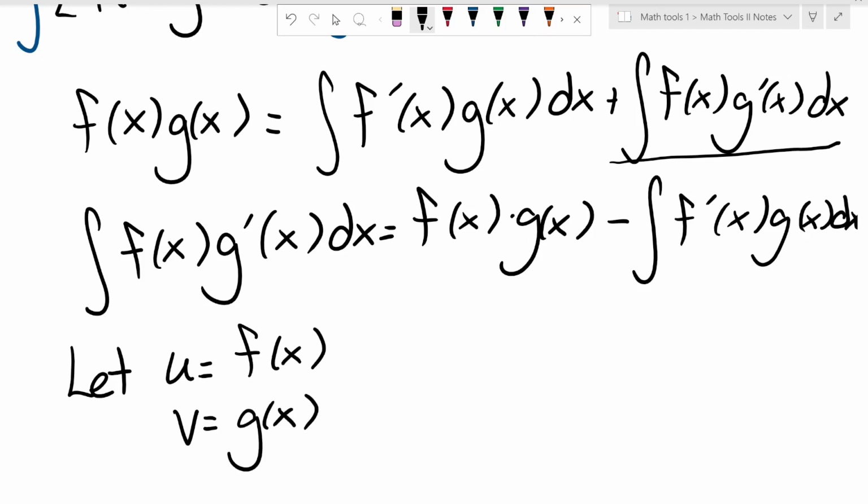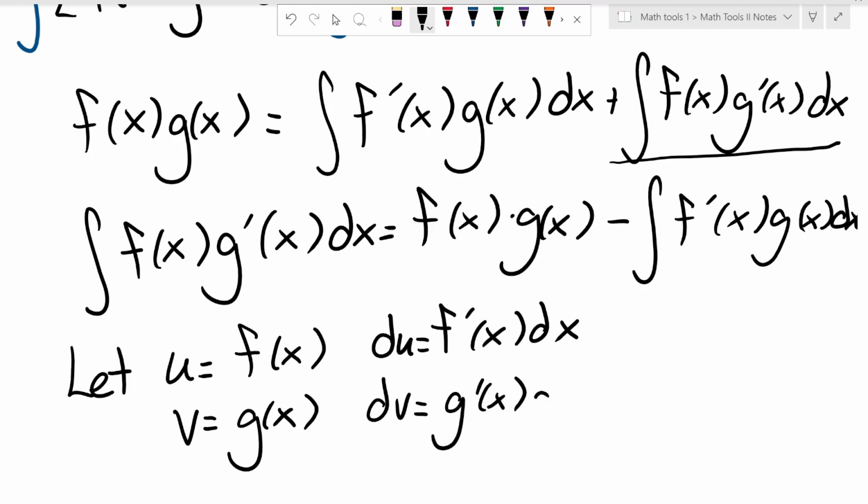Okay, so we have two functions, so we want to introduce two variables. We're making two substitutions here. So this will imply that du is equal to f prime of x dx, and dv is equal to g prime of x dx. Then we can go ahead and make some of these substitutions into the formula here.